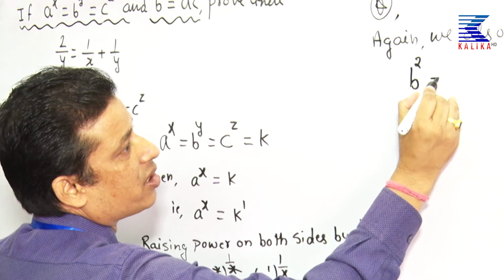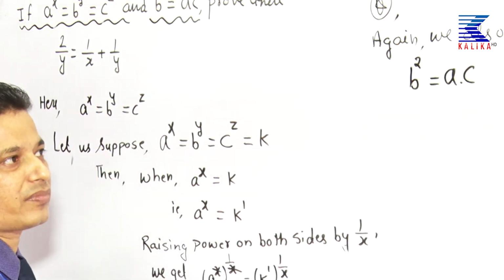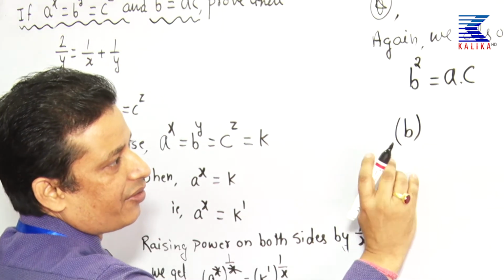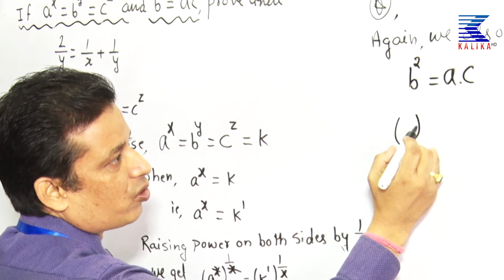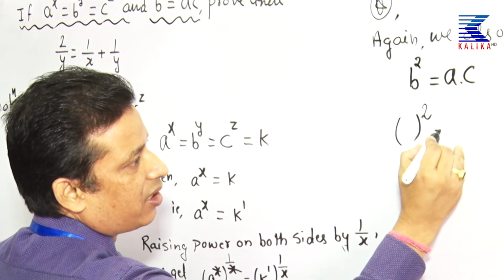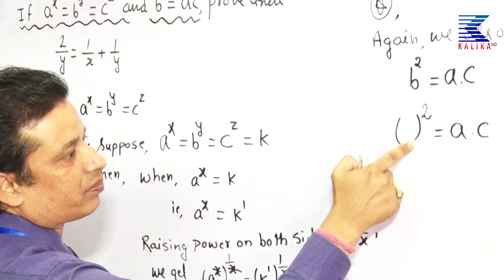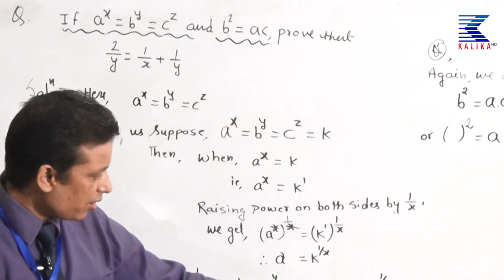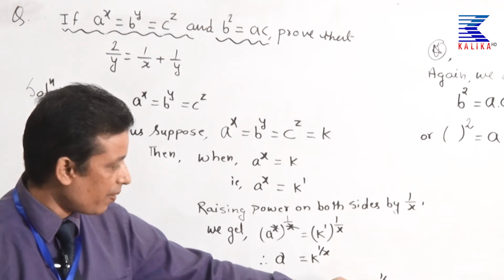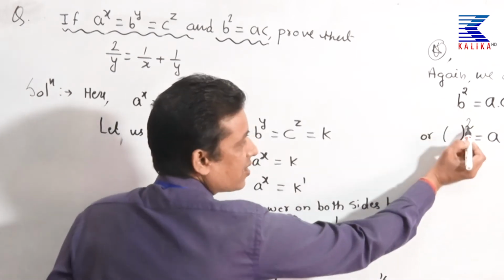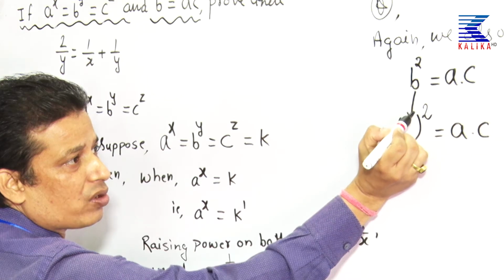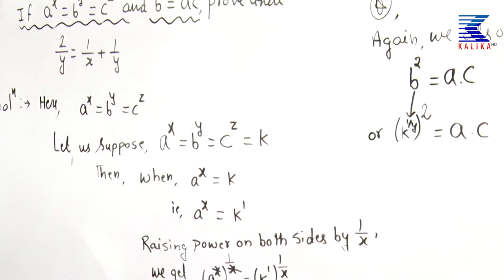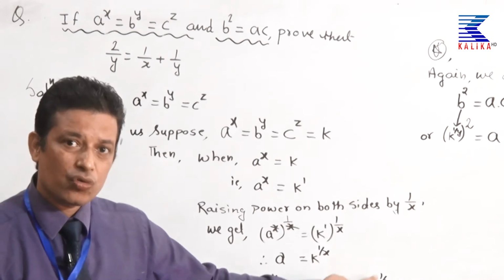b^2 is equal to ac is given. So, it means in place of b, I am going to replace its value, squared, a into c. Look, from here we have got value of b is equal to k^(1/y). So, here look, the square has come, the value of b I am going to replace by k^(1/y), because value of b is k^(1/y).